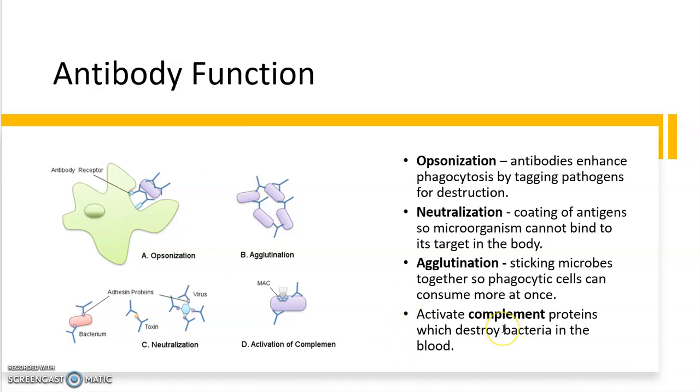Another thing, when antibodies are present, specifically in the blood because you have an infection, this can call for the activation of complement, which we talked about in the last lesson.